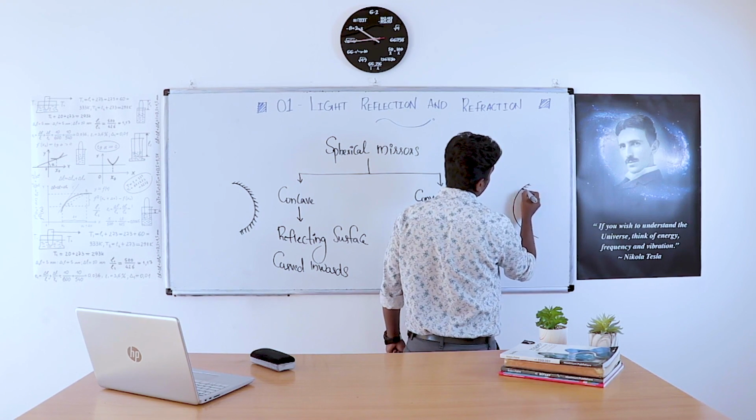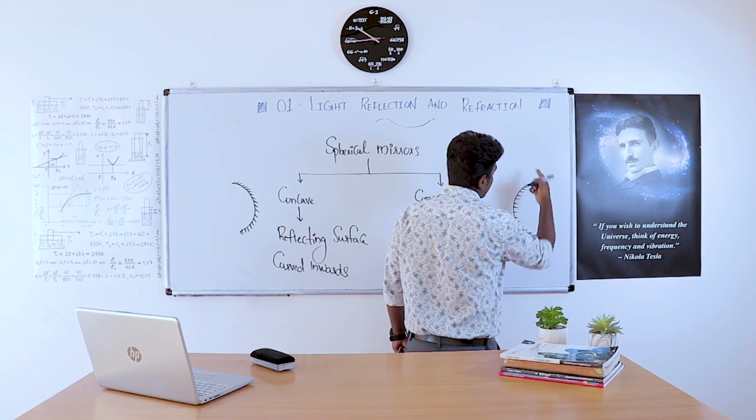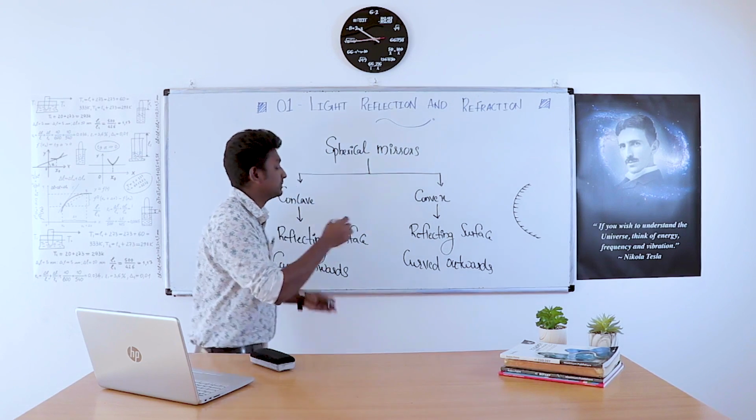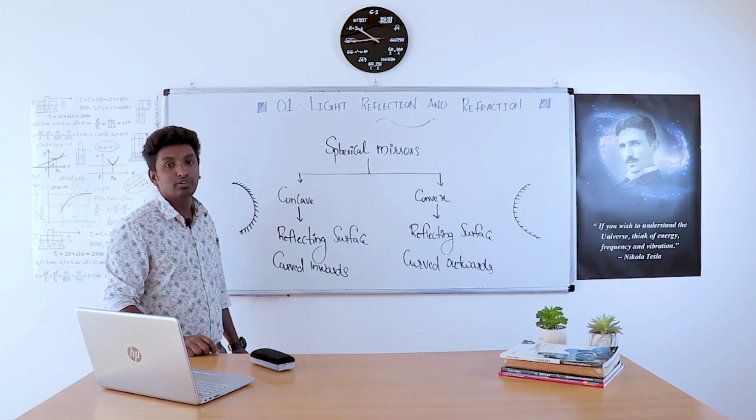Look here, the non-reflecting surface is represented by drawing such lines, and this is the reflecting surface, curved outwards. Such mirrors are known as convex mirrors.